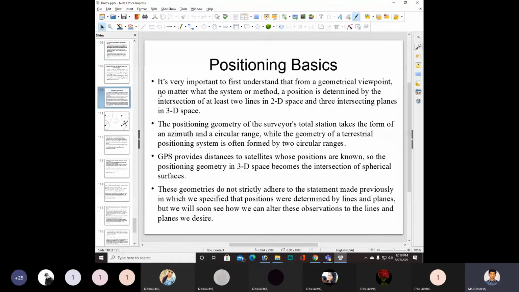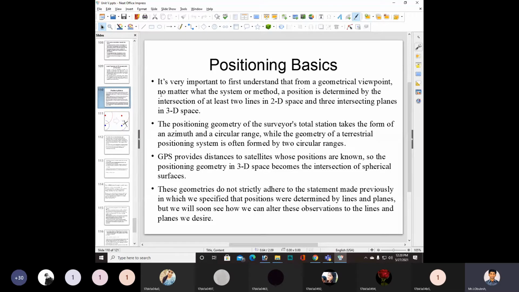It's very important to first understand that from a geometrical viewpoint, no matter what the system or method, a position is determined by the intersection of at least two lines in two-dimensional space and three intersecting planes in three-dimensional space.